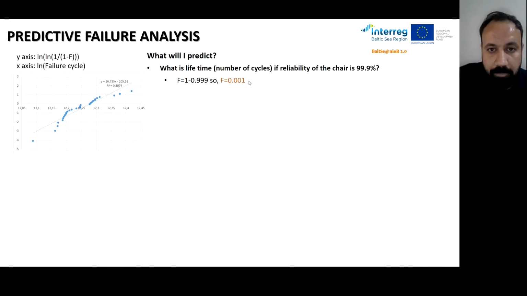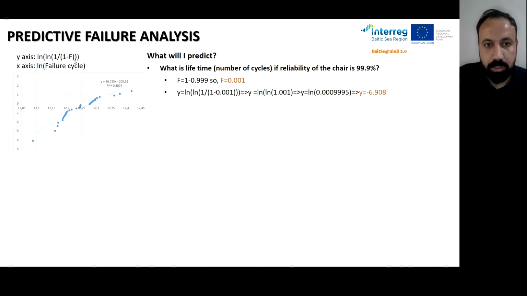Now that I have F, I can calculate Y in this equation. If I take the natural log of 1 divided by 1 minus F, and put it in this equation, Y is equal to minus 6.9.